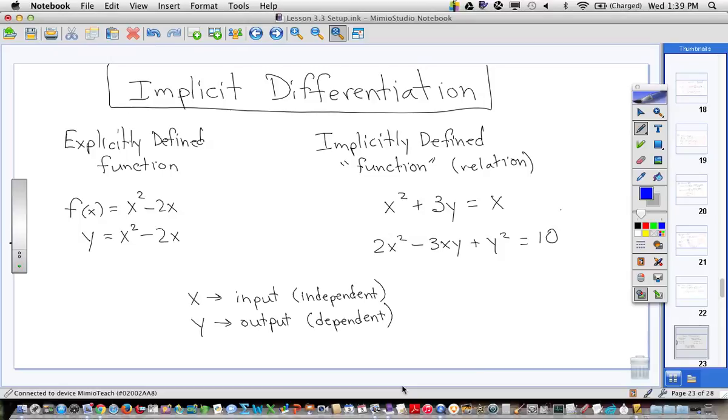Most of the gateway tests will be like, here's y equals some function. You do y prime, you do the derivative, follow the rules and simplify it and whatever. And that's it. But there will be a couple on there, one for sure, that says to use implicit differentiation. Now, differentiation just means to do the derivative, right?